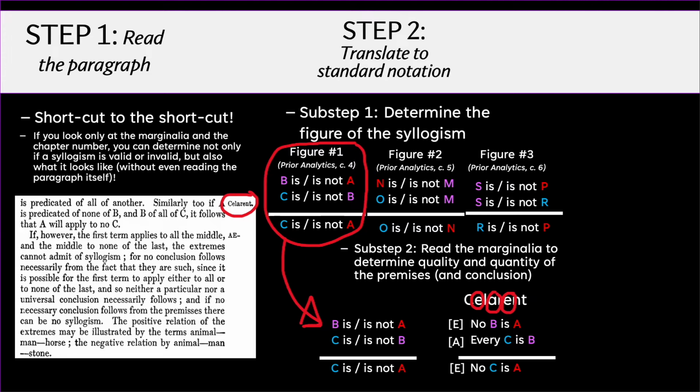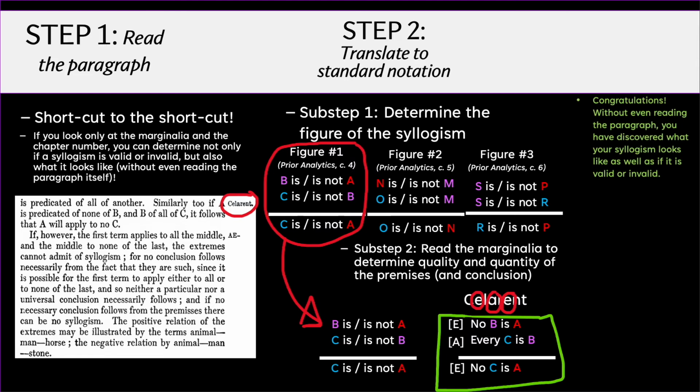So we've figured out what this syllogism looks like merely by reading the marginalia, paying attention to the vowels in the name in the marginalia, and by looking at what chapter we're reading, namely chapter 4, which contains all of the first figure syllogisms. So congratulations, you figured out the syllogism. Without even reading the paragraph, you have discovered what your syllogism looks like, as well as if it is valid or invalid.